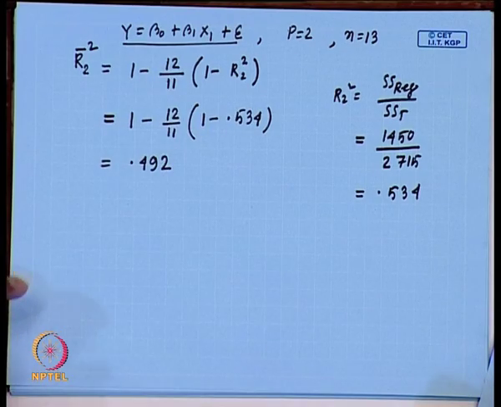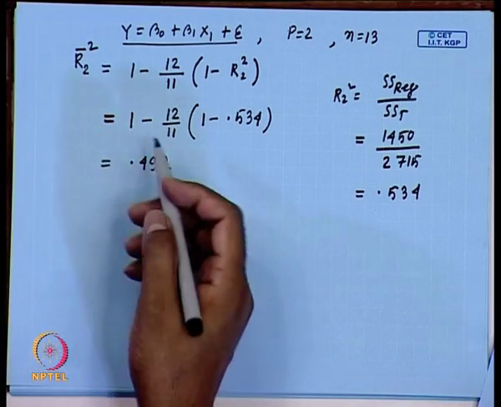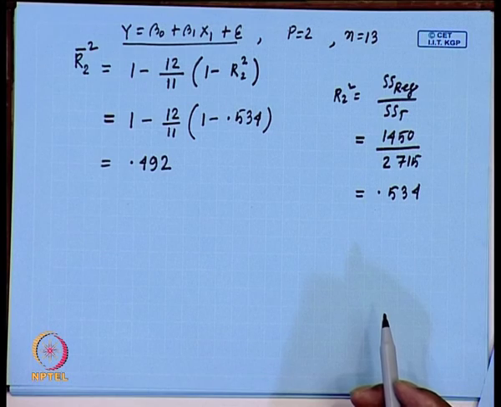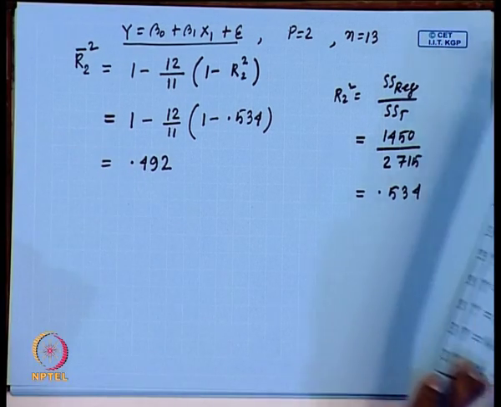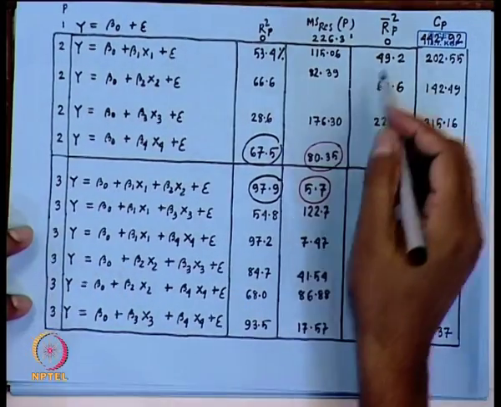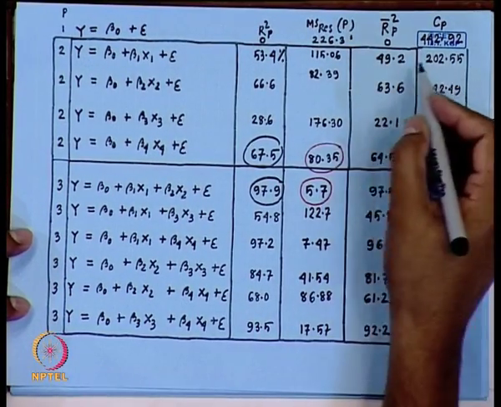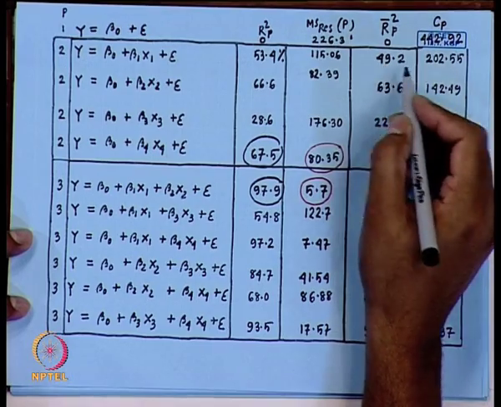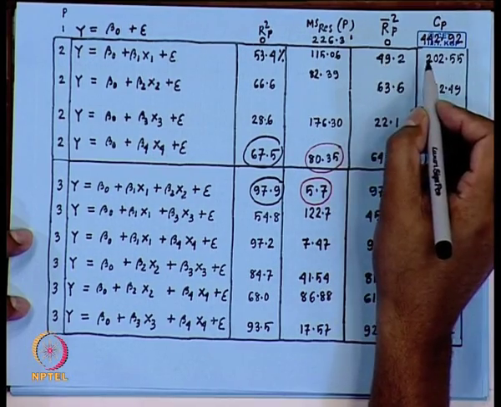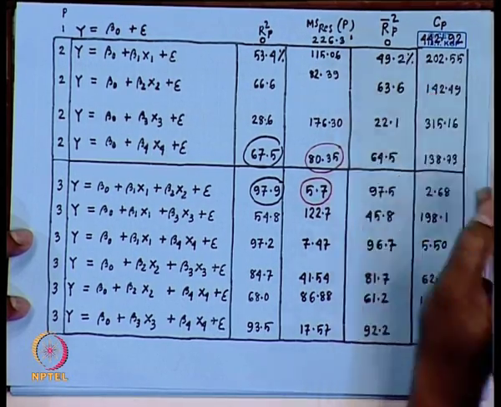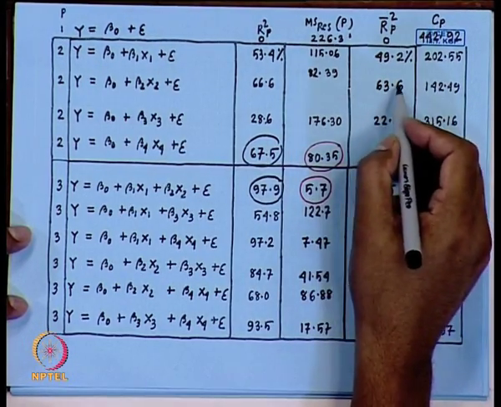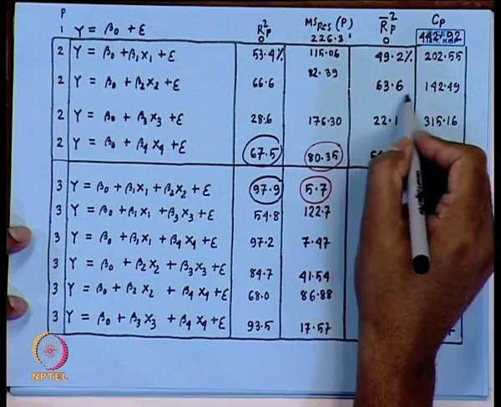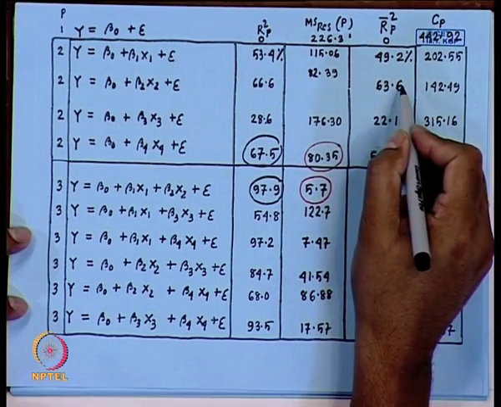So, this is the value of the adjusted coefficient of multiple determination for the first model. Here I am writing in percent, so instead of 0.492 I am writing 49.2%.